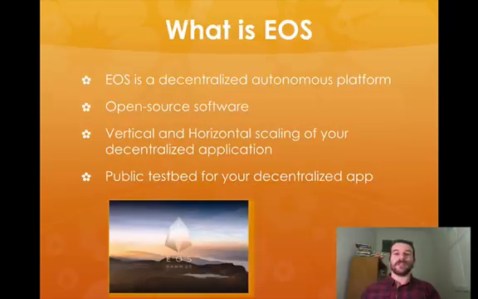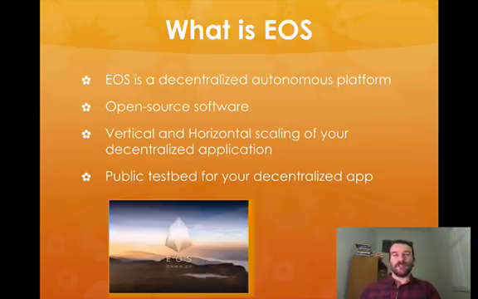What is EOS? Well, EOS is a decentralized autonomous platform that is designed to allow people to build, host, and govern decentralized applications. It is an open source software that allows developers to build blockchain applications. It's a programmable blockchain that allows you to develop and deploy applications without relying too much on the lower layers of your stack.